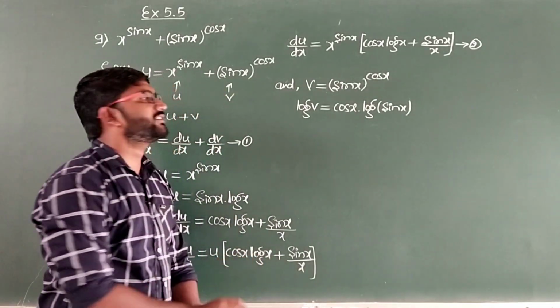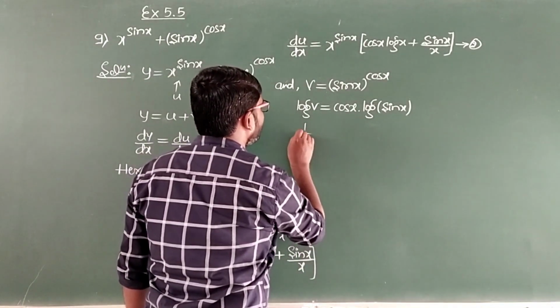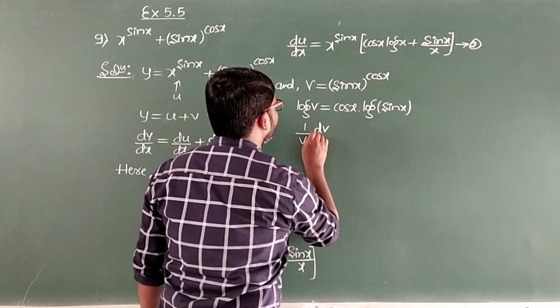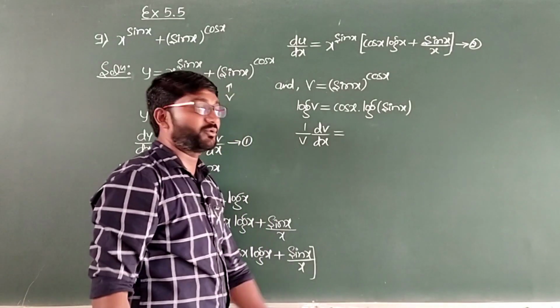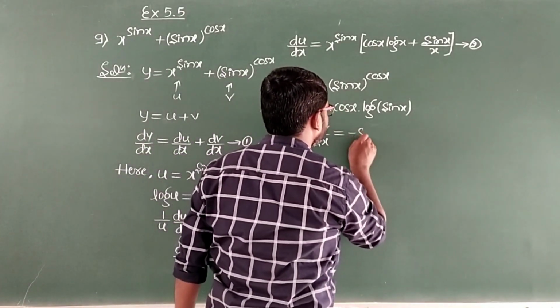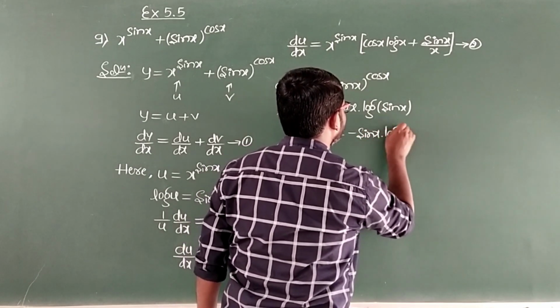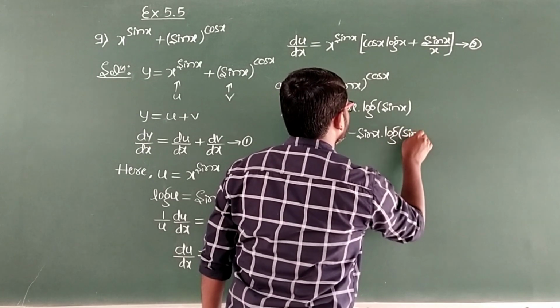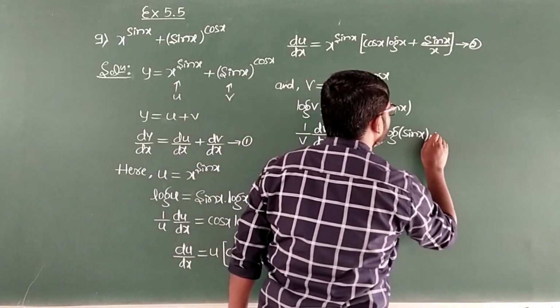Now differentiate both the sides with respect to x. So the derivative of log v will be 1 by v into dv by dx. Here we need to make use of the product rule. The derivative of cos x will be minus sin x, and write the second term as it is, log sin x, plus write cos x as it is.